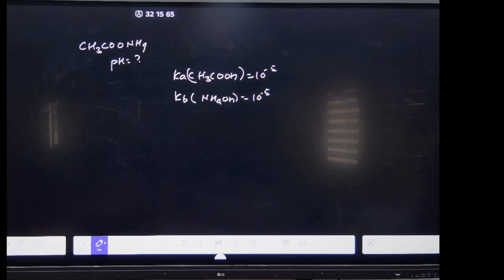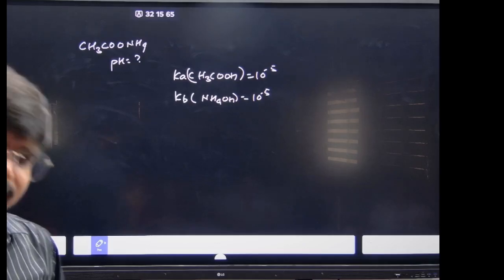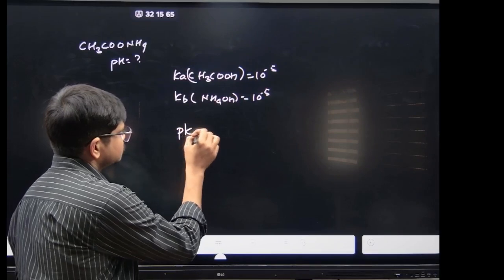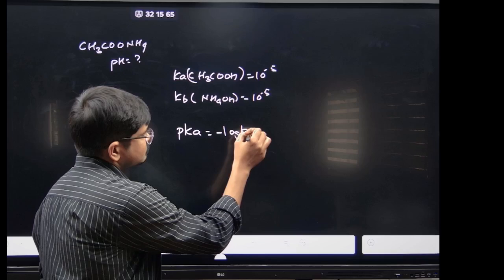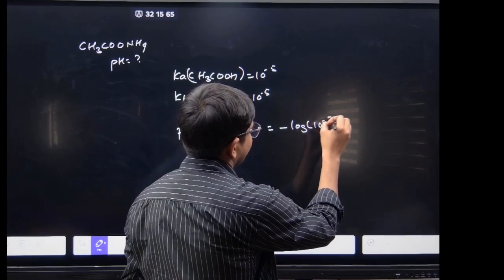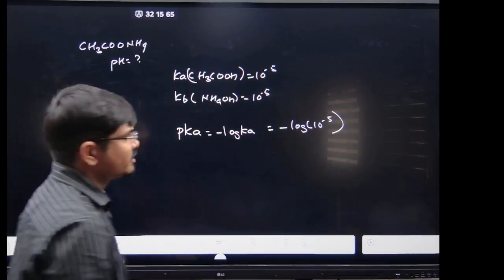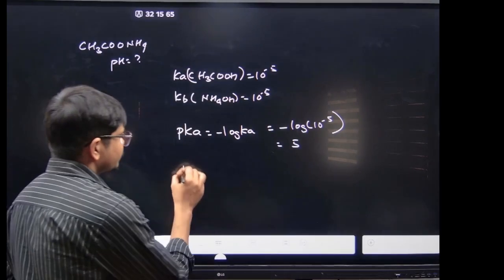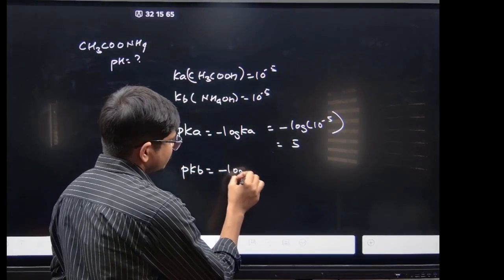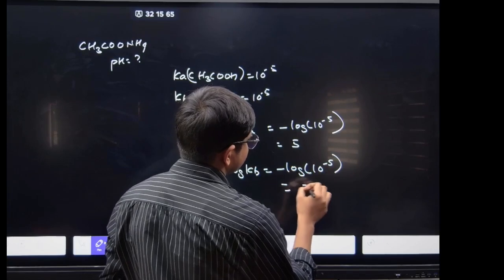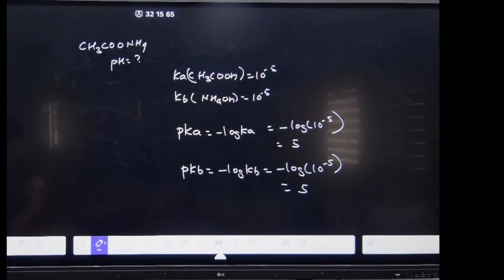You know the formula, right? pH equals 7 plus half pKa minus half pKb. So first you have to find the pKa. pKa is minus log Ka, which is minus log 10 to the power minus 5, which equals 5. Coming to the pKb, minus log Kb equals minus log 10 to the power minus 5, which is 5.